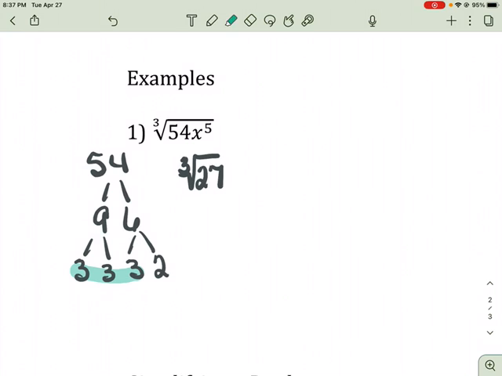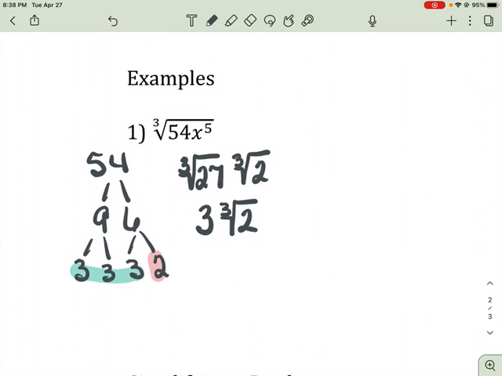And this other factor is going to stay underneath: we get the cube root of 2. So this gives us 3 cube root of 2 for the 54.